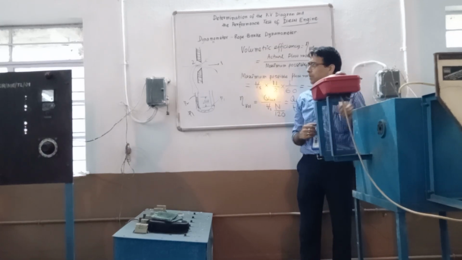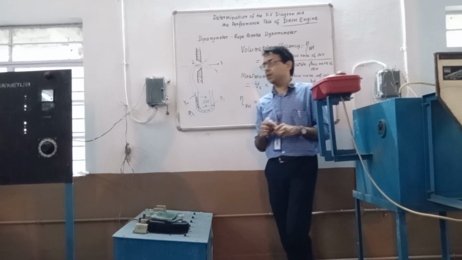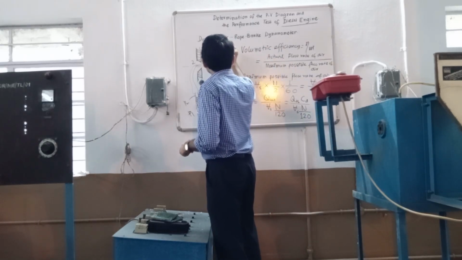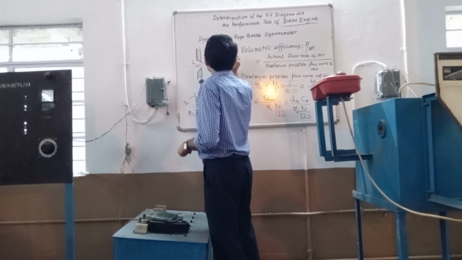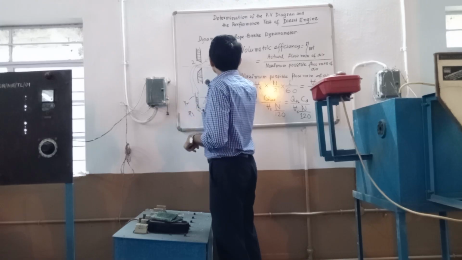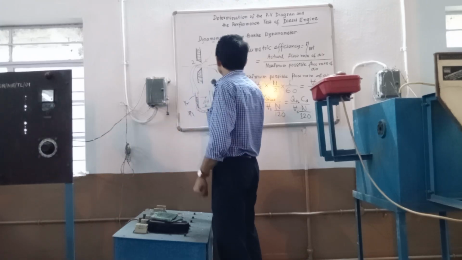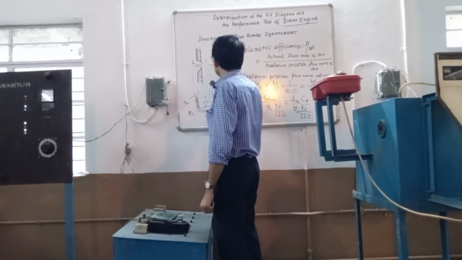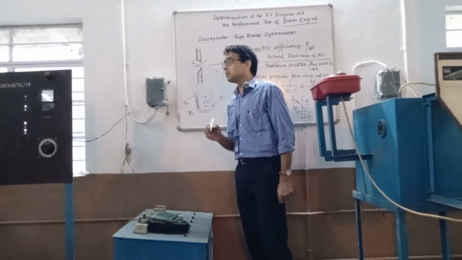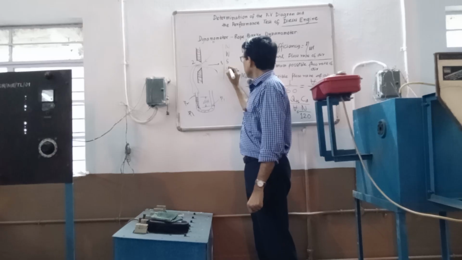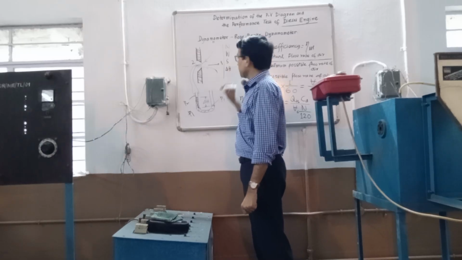So you can understand what readings we are observing here: the RPM, then W, that is the load observed in the spring balance, then delta H, that is the manometric depression.